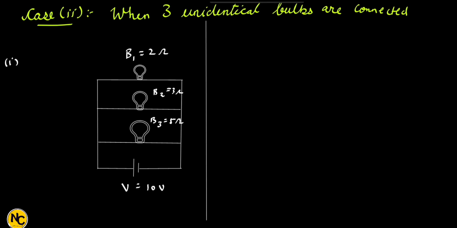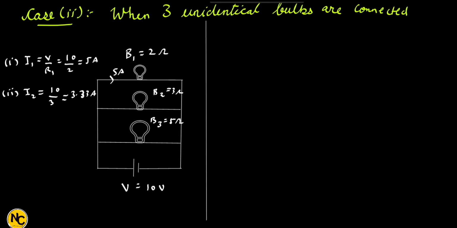So for bulb B1, I1 is equal to V upon R1. So V is equal to 10 upon 2, which is equal to 5 ampere current. So from here 5 ampere current will flow. Second, I2 is equal to 10 upon 3, which is approximately equal to 3.33 ampere.